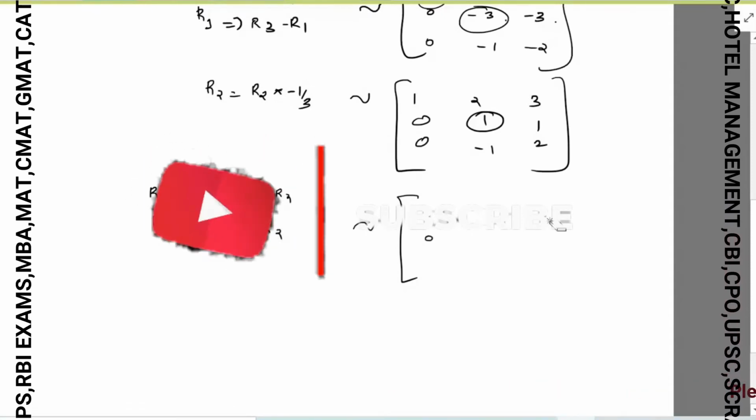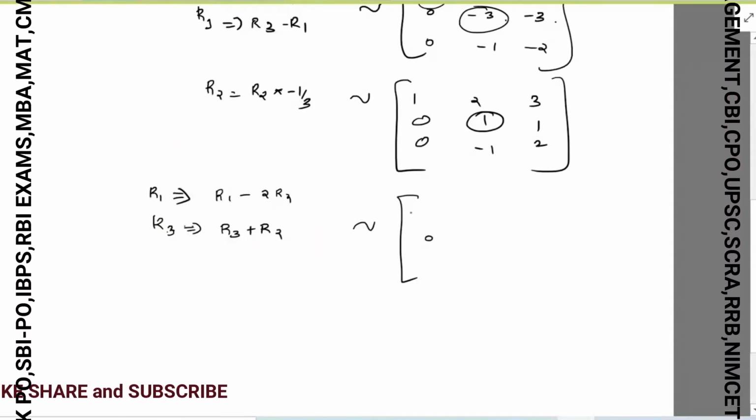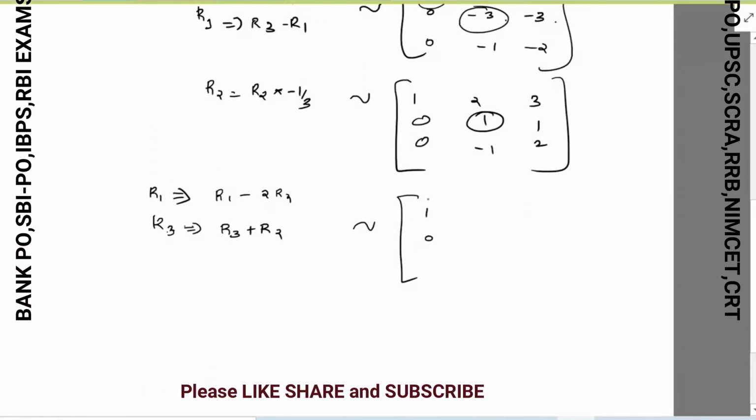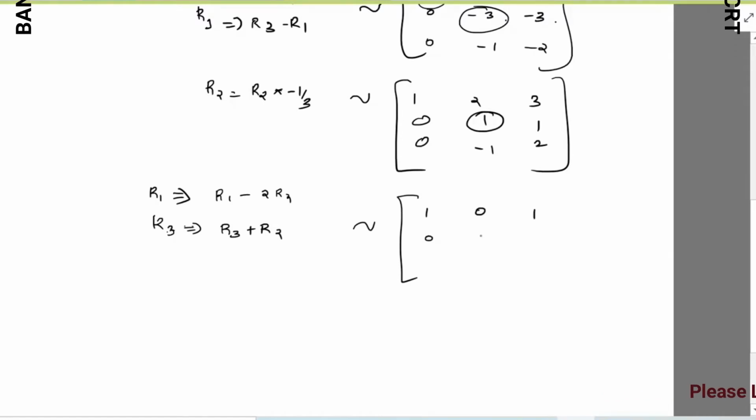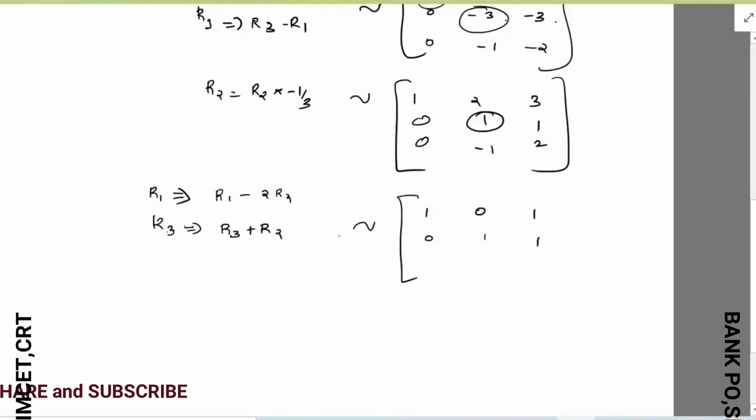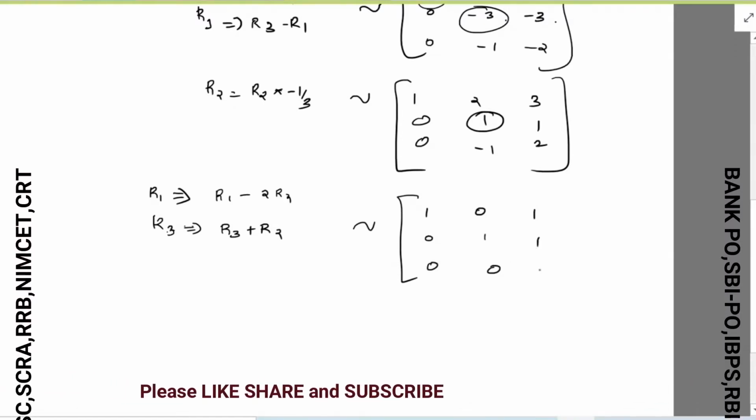So the first row becomes 1, 0, 3 minus 2, which is 1; the second row is 0, 1, 1; and the third row will be 0, 0, 3.